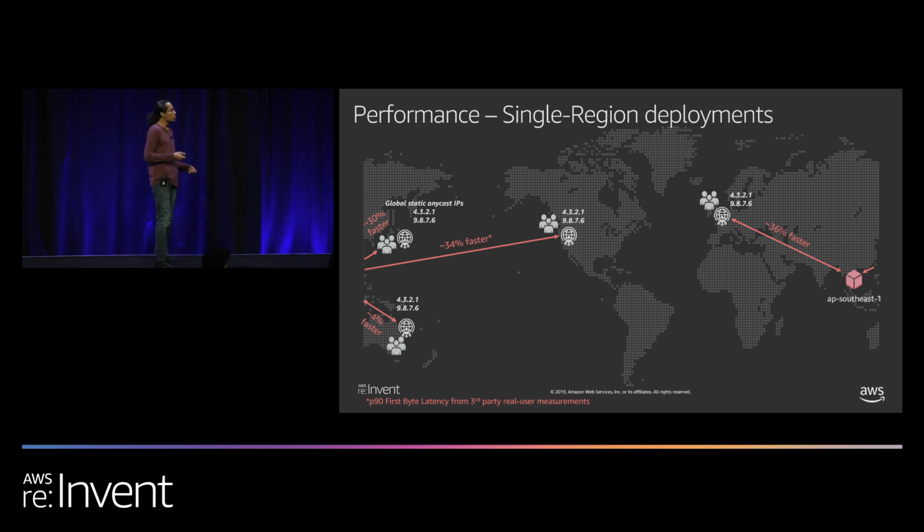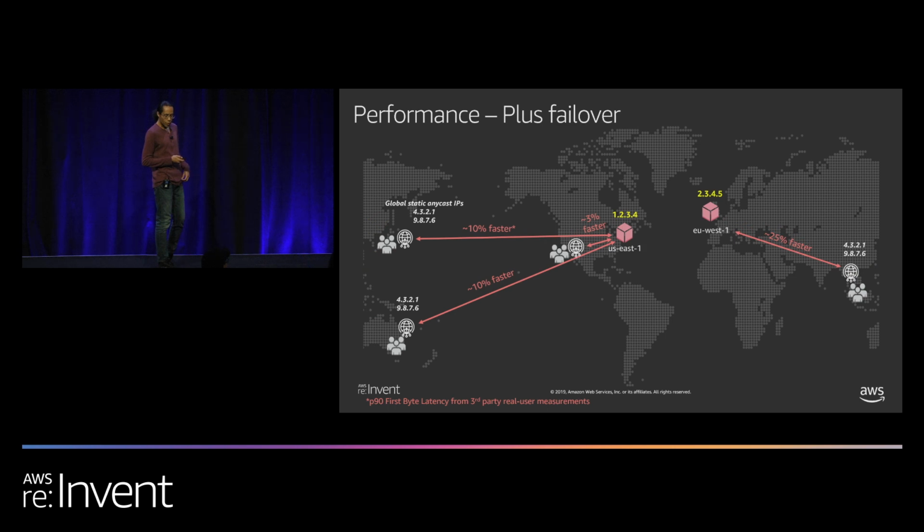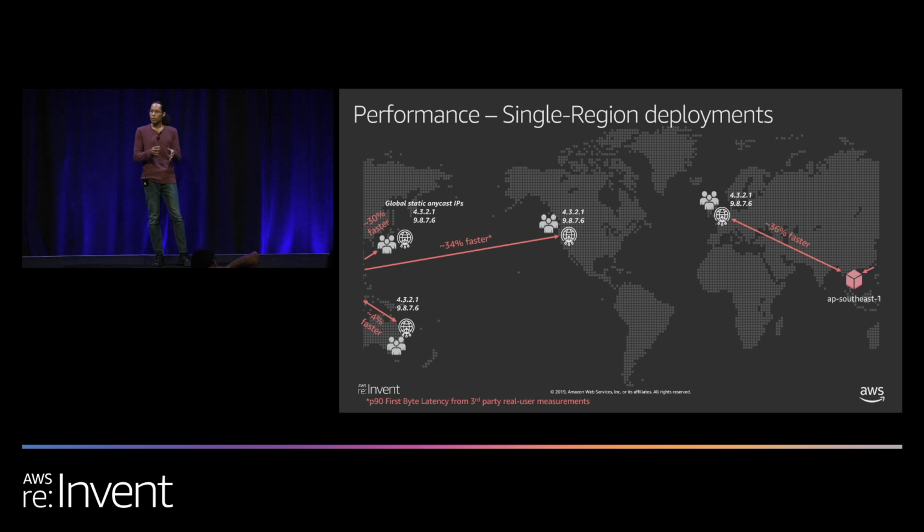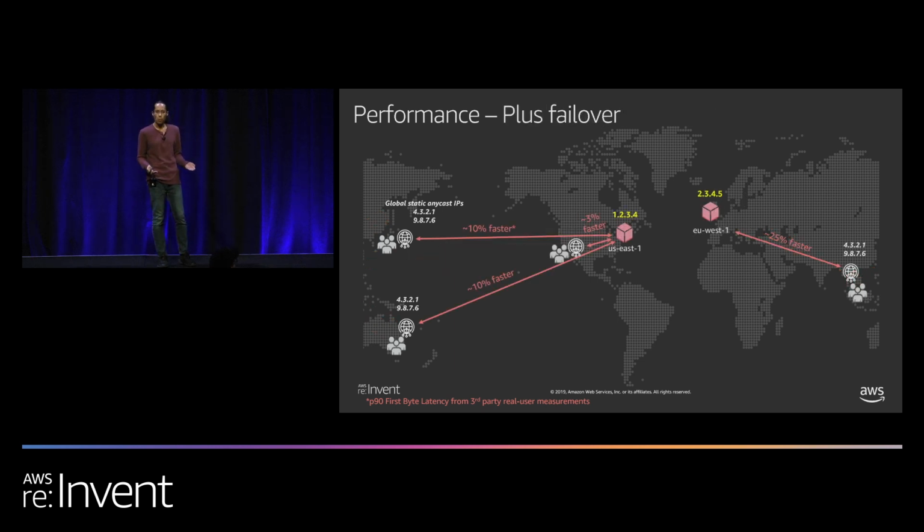And so I often think of there being two ways to really deploy your services behind Global Accelerator and experience this improvement. The first way is what's shown over here in that single region mode. So you really are leveraging the AWS backbone itself. The second way is in dual region mode. So in dual region, you kind of get that double whammy.